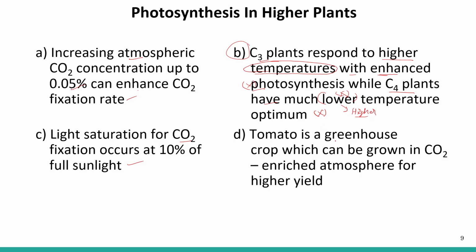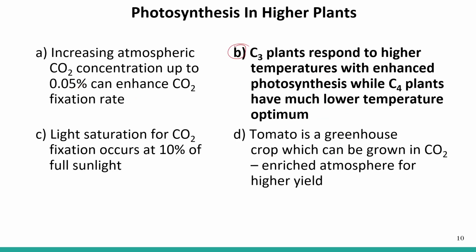And the fourth option, tomato is a greenhouse crop which can be grown in carbon dioxide enriched atmosphere for higher yield. Okay, so option B is the correct answer for this question. At higher temperature, there is no enhanced photosynthesis, but there is a decrease.